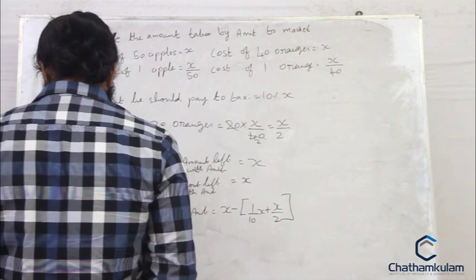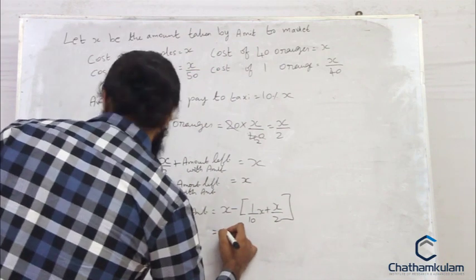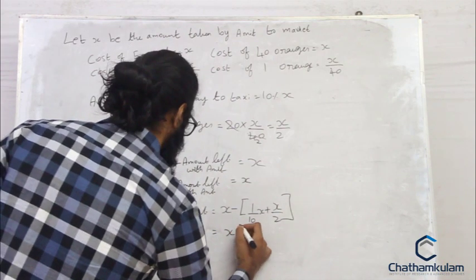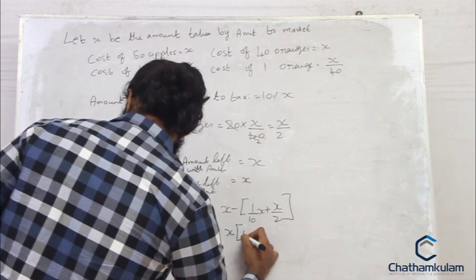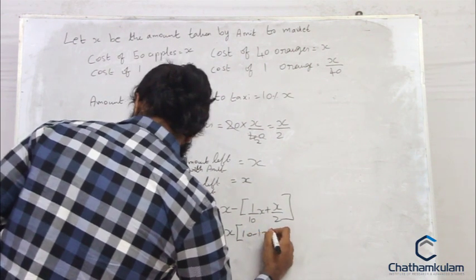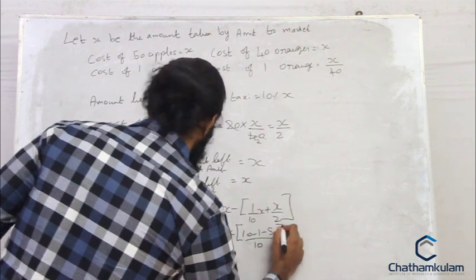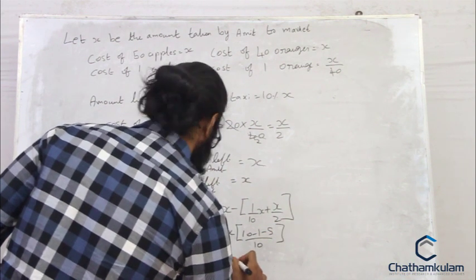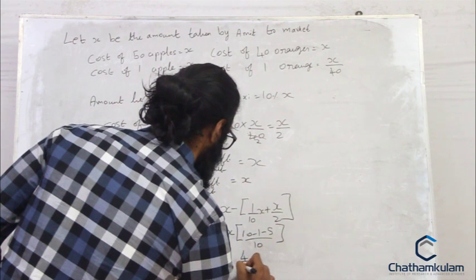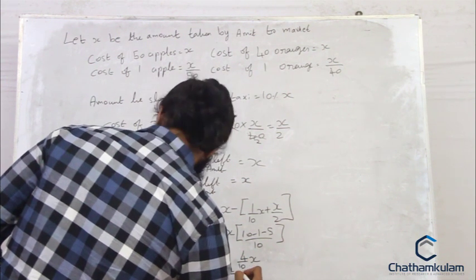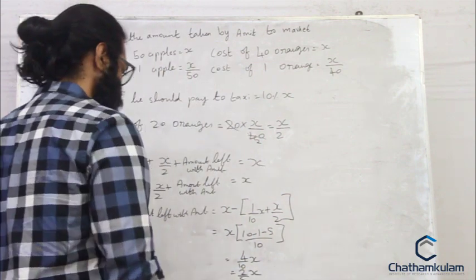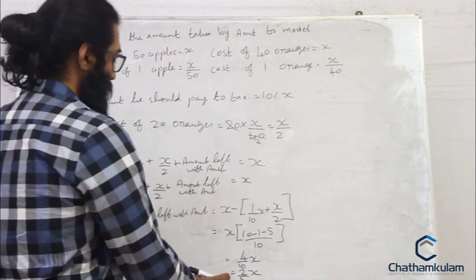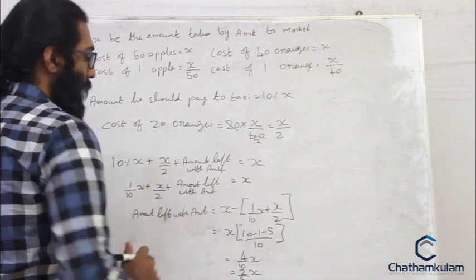We take the X outside and we get X into 10 minus 1 minus 5, whole divided by 10. We get the answer as 4 by 10 X, which is equal to 2 by 5 X. Right. So this is the amount that is left with Amit.